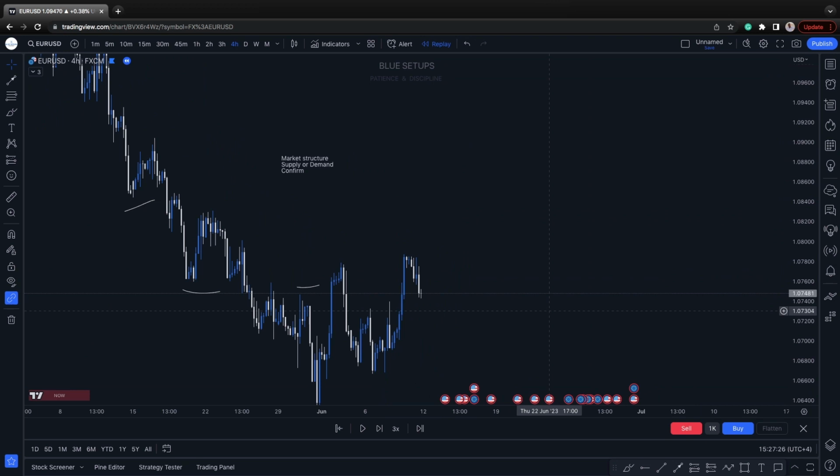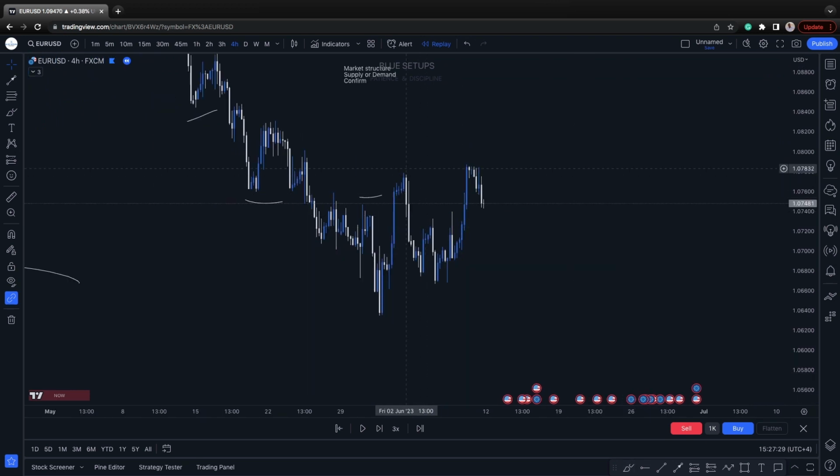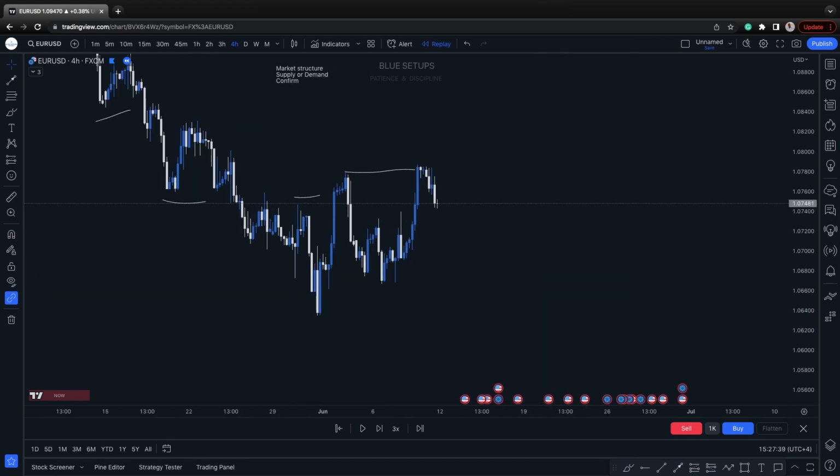This is the break happening right here. From here to here, we had that body candle close, which gave us that break, right? So that is the second break, which is a very nice confirmation for us in terms of displacement.